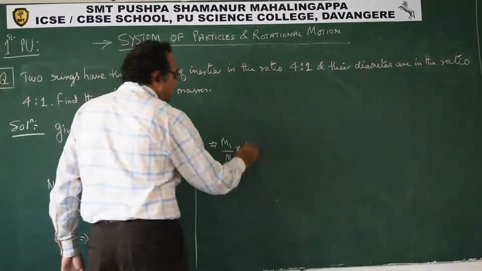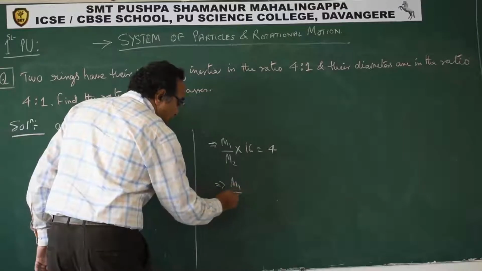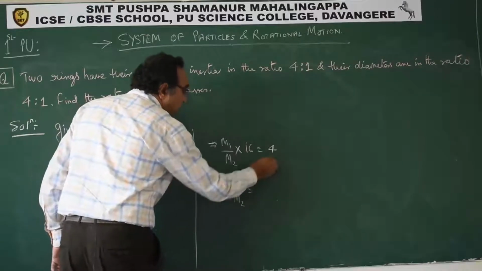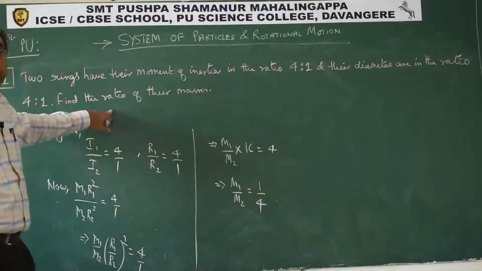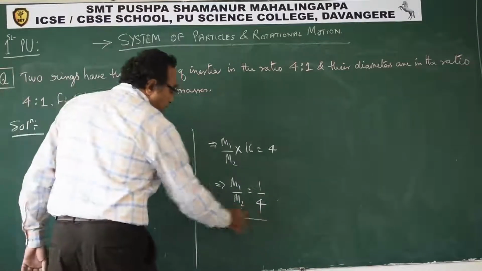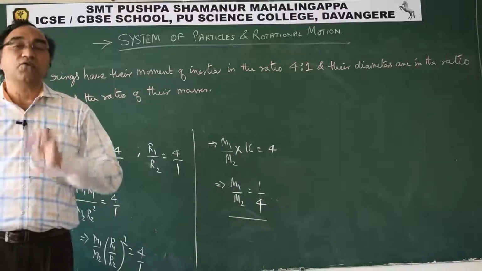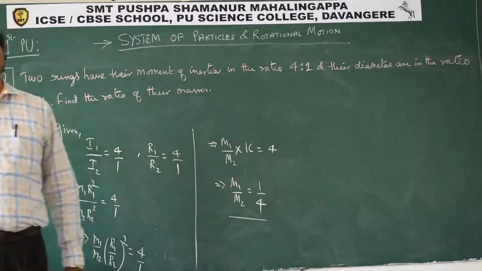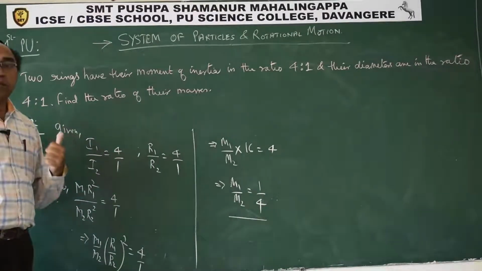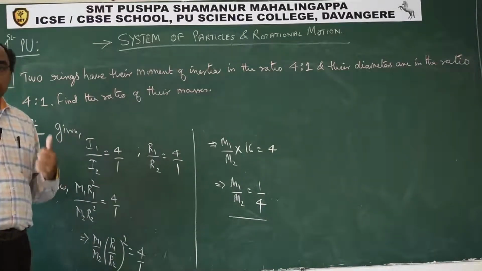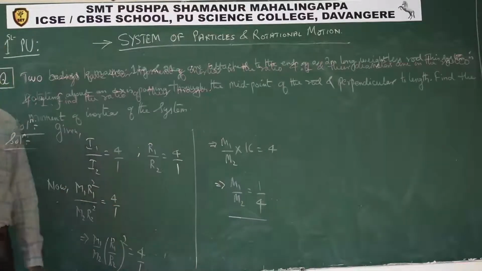So that is 16 is 4. So this means that M1 by M2 will be nothing but 1 by 4. We want the ratio of their masses. See how exactly comfortably we can calculate ratio of masses if we are knowing what will be the moment of inertia of the given body. Here it's a ring. Moment of inertia of a ring about the central axis is mr square. We are using that same thing.